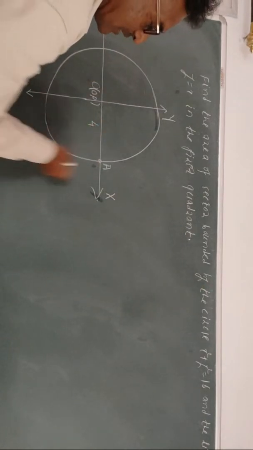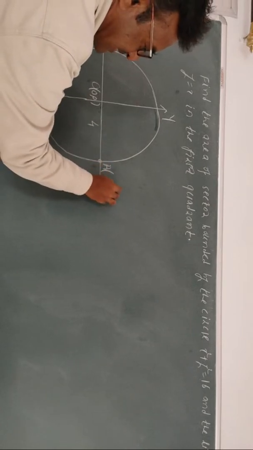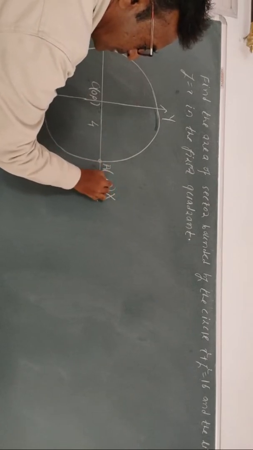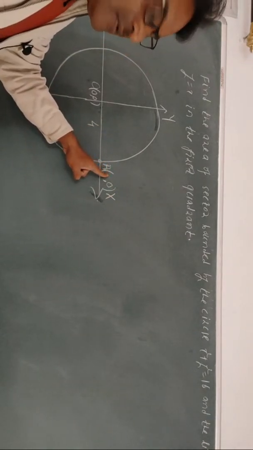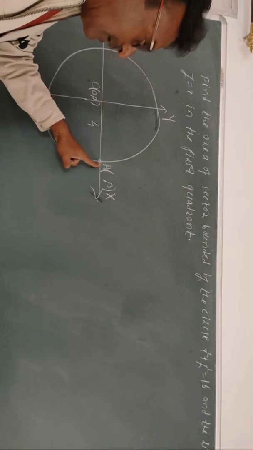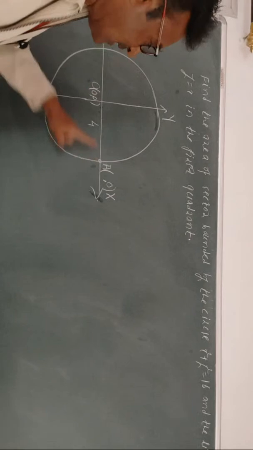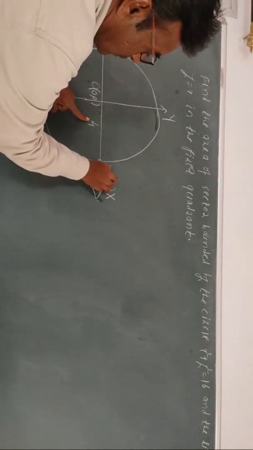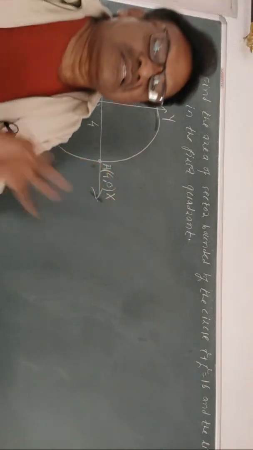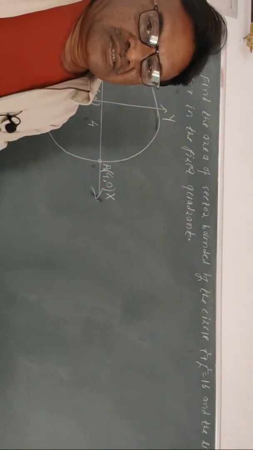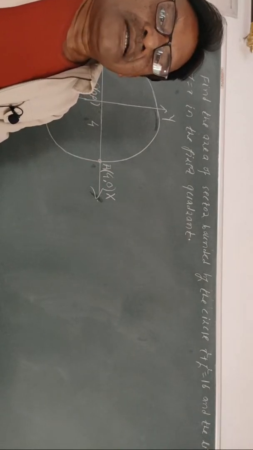Then we write the coordinates of point A. Point A lies on the x-axis, therefore the y coordinate is 0. The x coordinate of point A is its distance from the origin on the x-axis, and this distance is 4. Therefore the coordinates of point A are (4, 0).